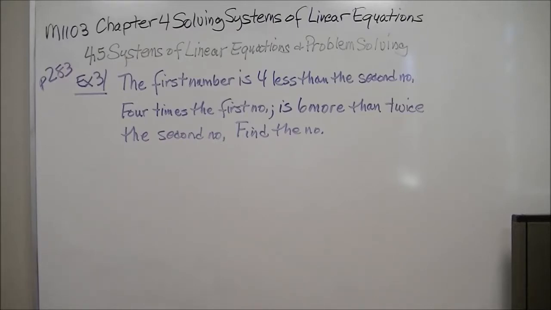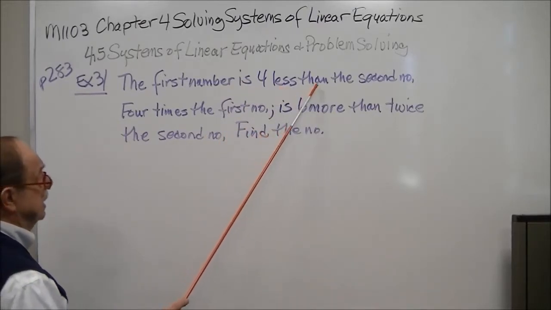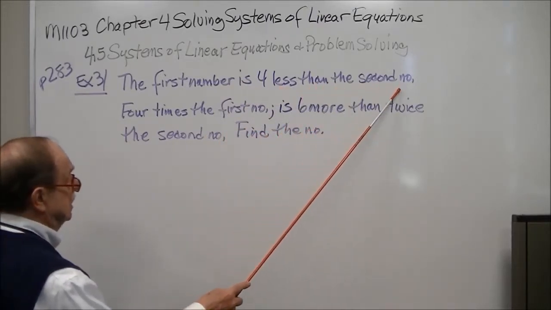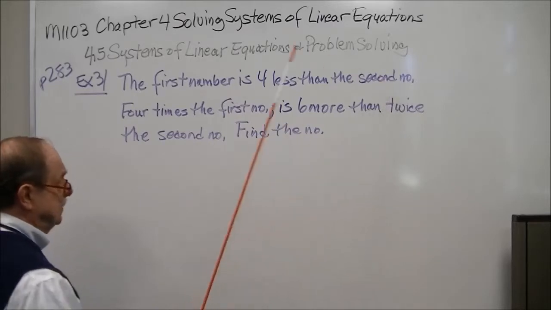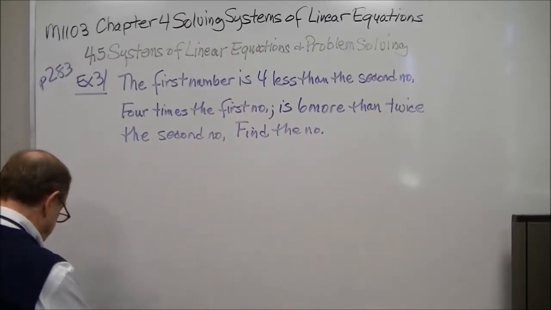Now, they're getting a little more complicated, but that's good, because you want to build up from easy to more challenging. So again, we're going to read it carefully. The first number is 4 less than the second number. In fact, let's just focus on that.